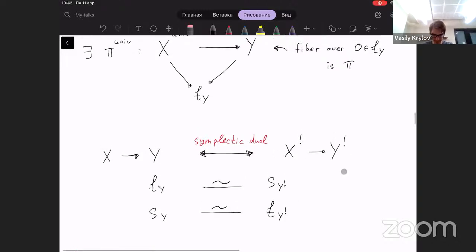And for now, let me just say that one basic prediction of this symplectic duality is that the space T_Y on the left-hand side should be isomorphic to the space S_{Y!} on the right-hand side, and the space S_Y on the left-hand side should be isomorphic to the space T_{Y!} on the right-hand side.